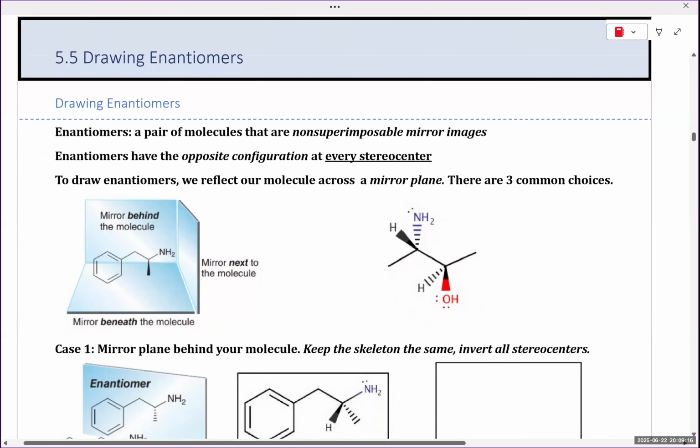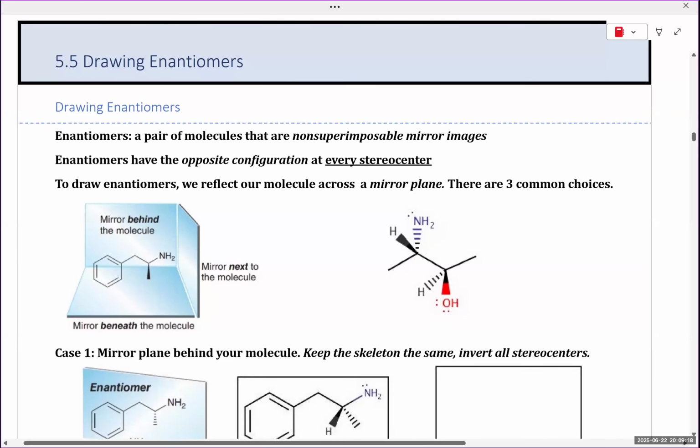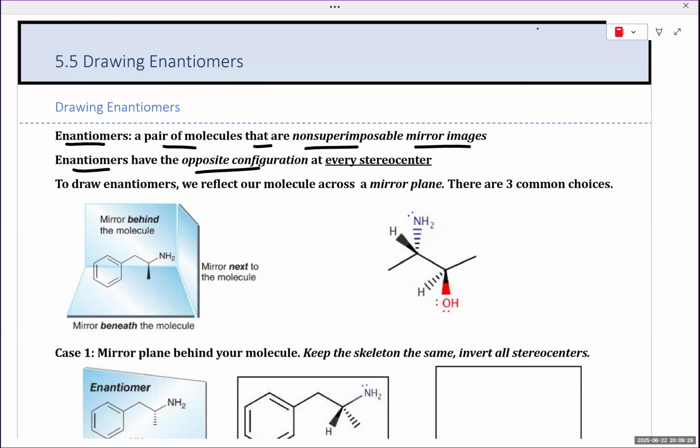Let's talk now about enantiomers, specifically drawing enantiomers. So enantiomers represent a pair of molecules that are non-superimposable mirror images. Enantiomers have the opposite configuration at every stereocenter. To draw enantiomers, we reflect our molecule across a mirror plane. There are 3 common choices.